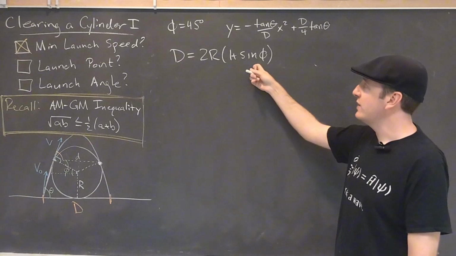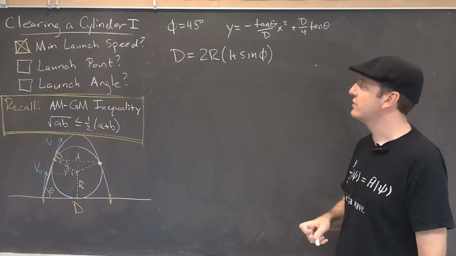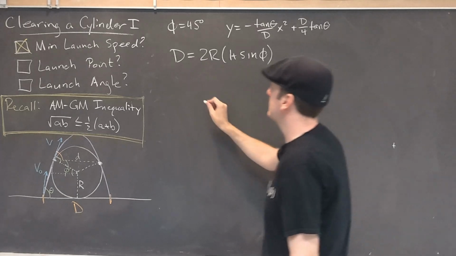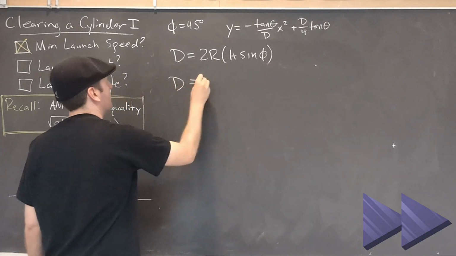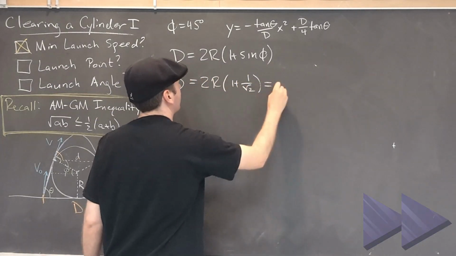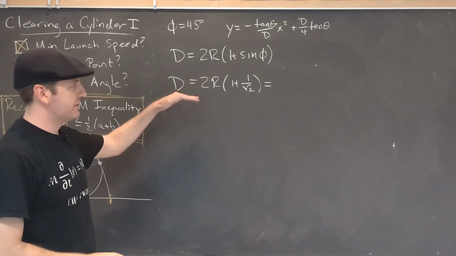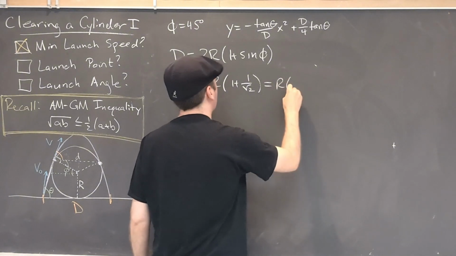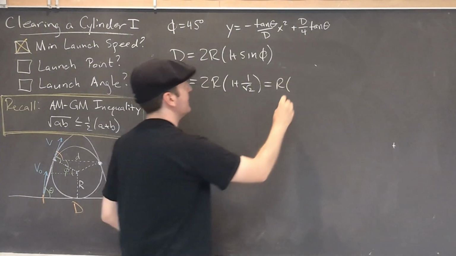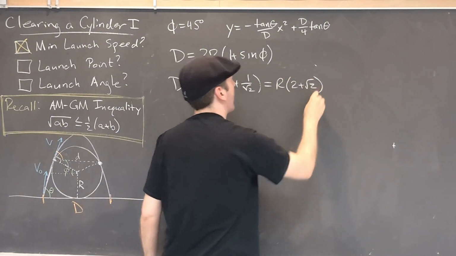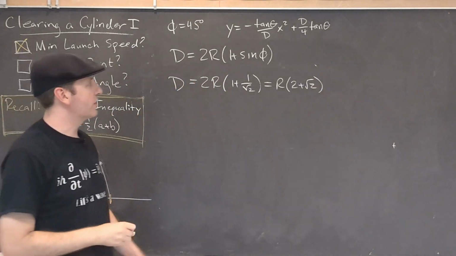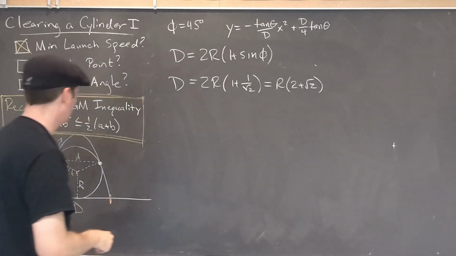But notice that in this problem we do know what phi is. It's 45 degrees, so I already know what this range is on the table. And if we rewrite this a little bit, we can distribute this 2 in and get that the range is just r times 2 plus root 2.